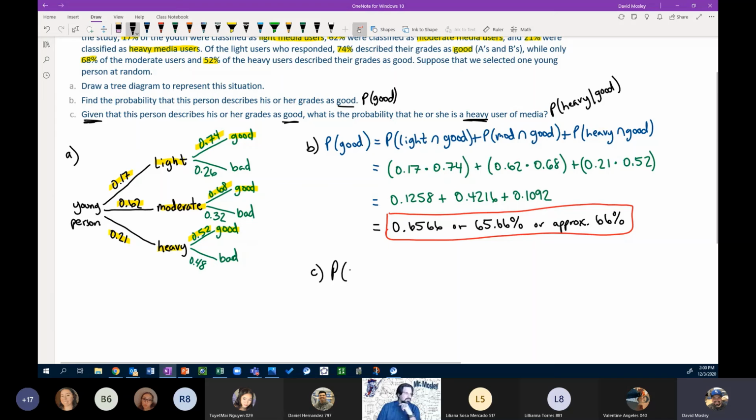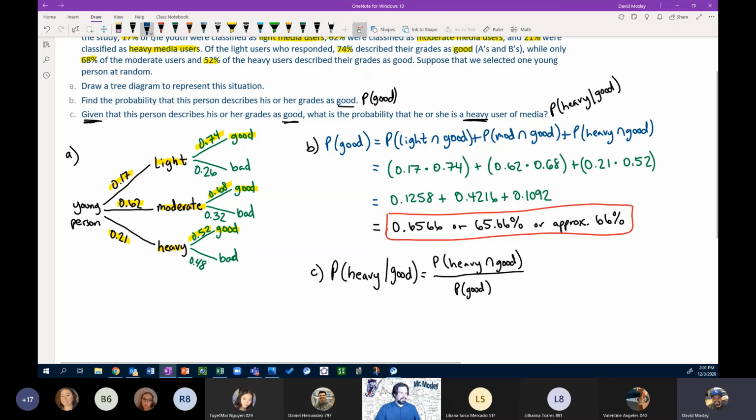So we set this up. We have probability of heavy given good. Based on our conditional probability rule, this needs to be equal to the probability of heavy and good divided by probability of good.